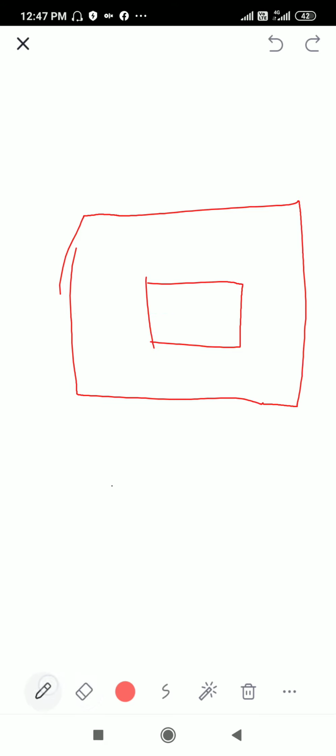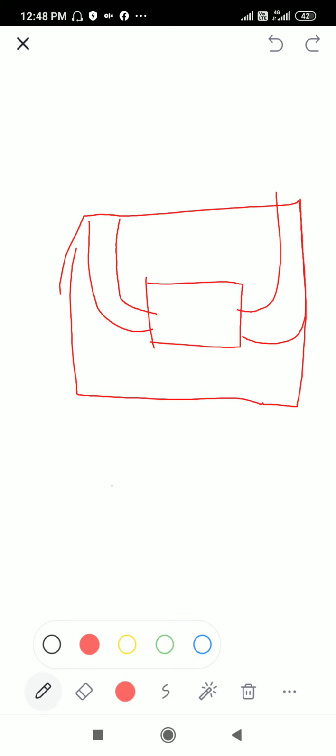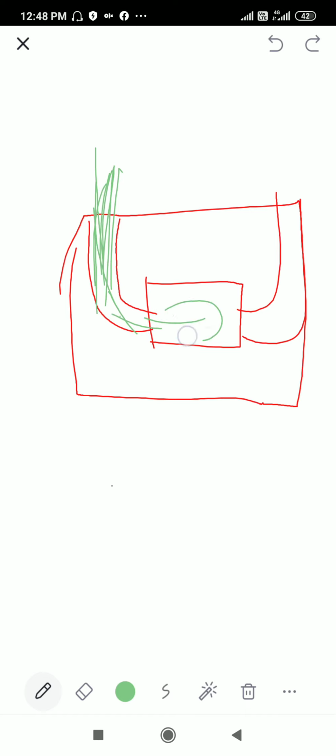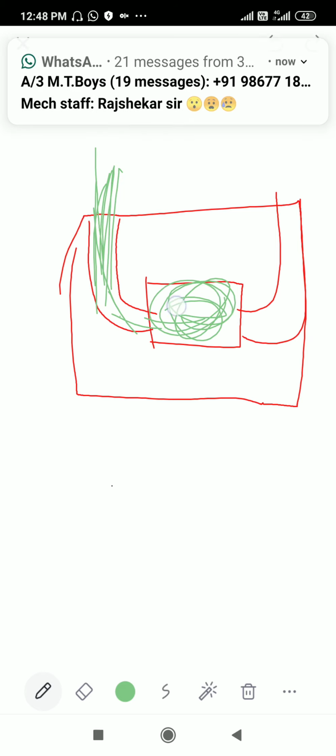In this mold cavity this is a runner, and over here is a riser. From this you are pouring a liquid metal by the runner. By this gate it enters the mold cavity.